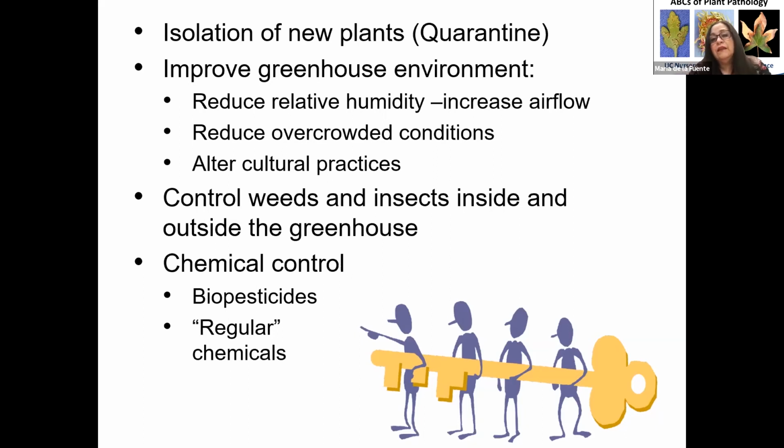So if you irrigate with sprinkler irrigation, next season, irrigate by soft irrigation. Of course, control the weeds and the insects inside and outside, and if you want to use chemical control, biopesticides are the best option, and then regular chemicals, which I do not know much about, are your last resort.